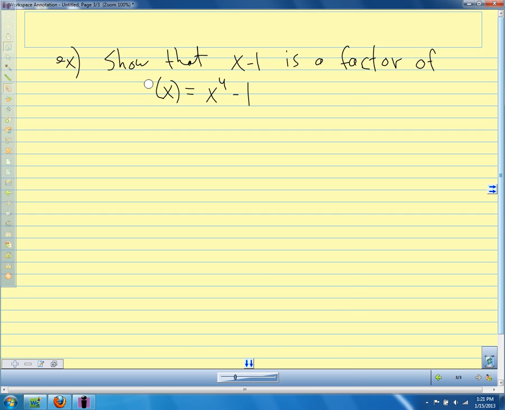So this one's really easy. We want to show that x minus 1 is a factor. Well, what does factor mean? If x minus 1 is a factor, what does that tell us about x equals 1?